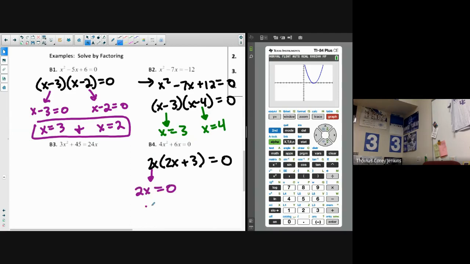It's really simple to solve, but again, people forget it. So just warning you there. And then the other one, you've got 2x plus 3 equals 0. So move over the plus 3, that's 2x equals negative 3. Divide by 2, we get x equals negative 3/2 or negative 1.5.